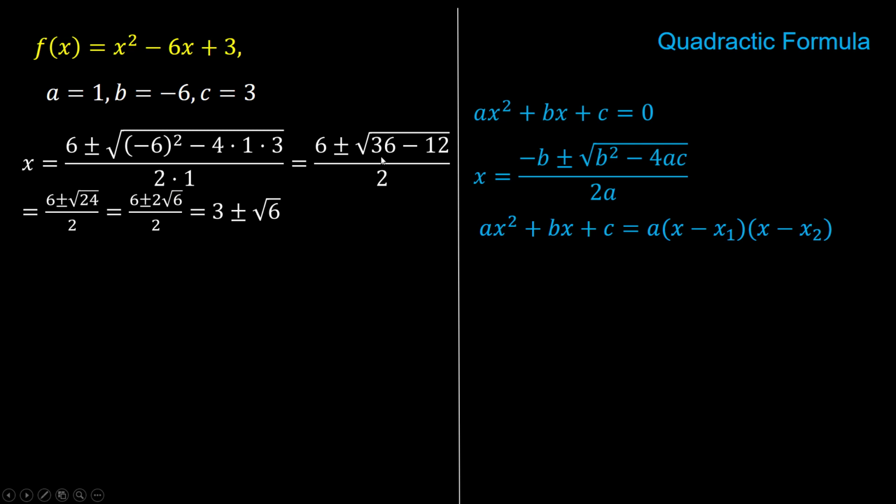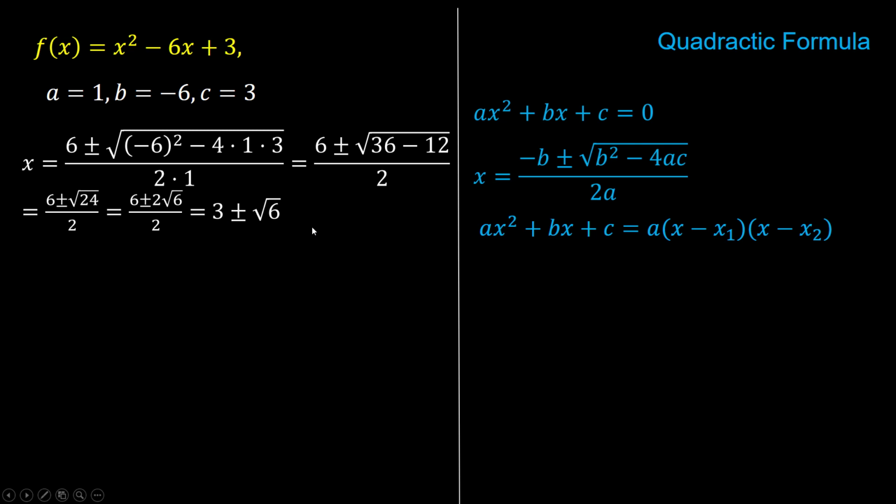Okay? If you work this out, the number inside the square root is just 24. And 24 can be factorized into 4 times 6. The square root of 4 is 2, so that's why we have 2 times the square root of 6. And then you cancel out the 2 with the bottom, so you have 3 plus or minus the square root of 6.